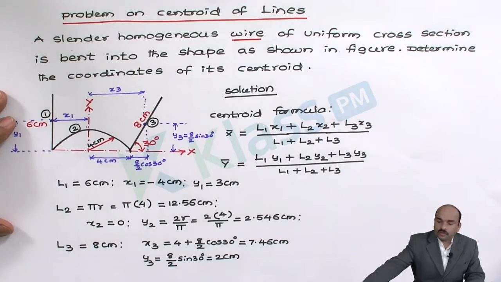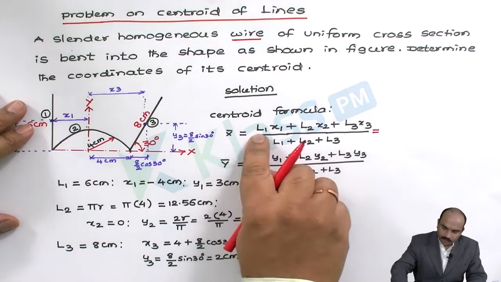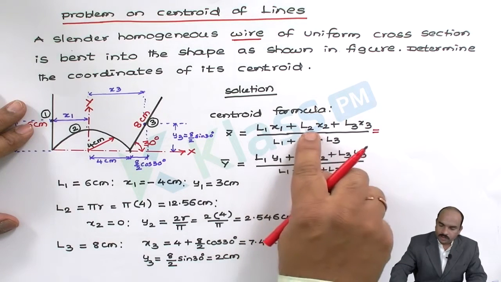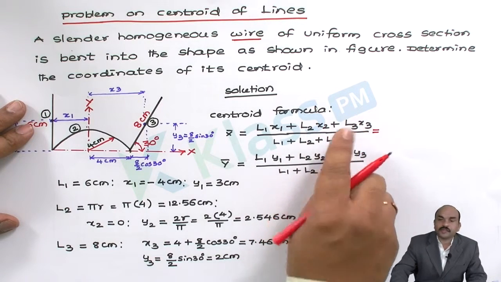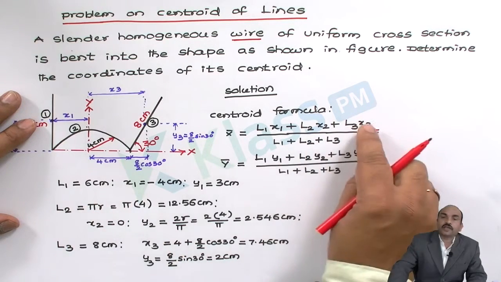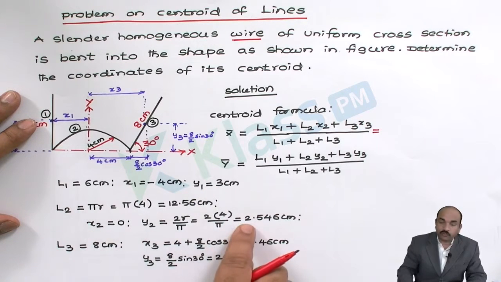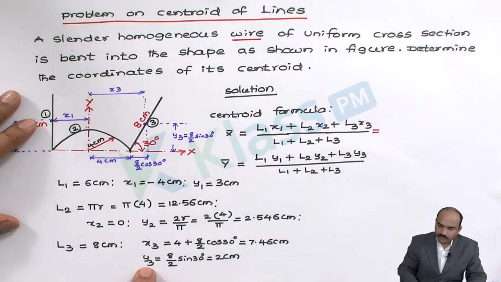Now substitute all the values in x bar, that is L1 x1 plus L2 x2 plus L3 x3 by L1 plus L2 plus L3. So substitute all these values here. So we have x1, y1, x2, y2, then x3, y3.